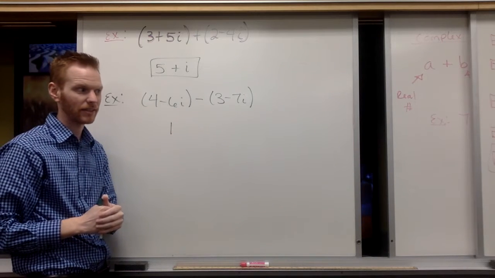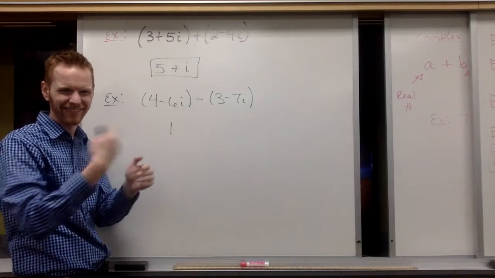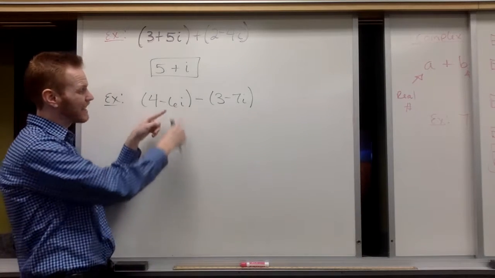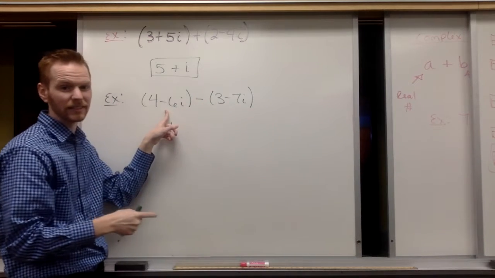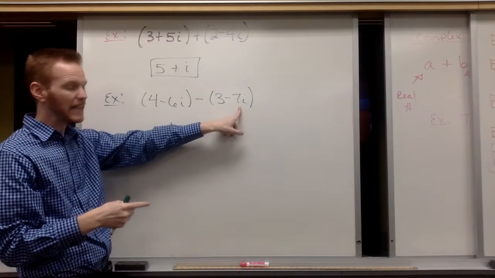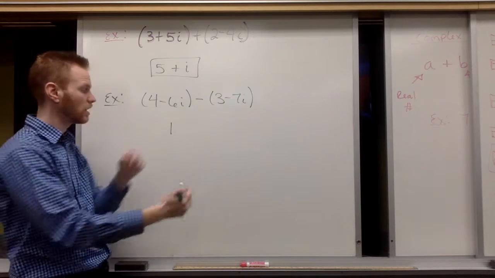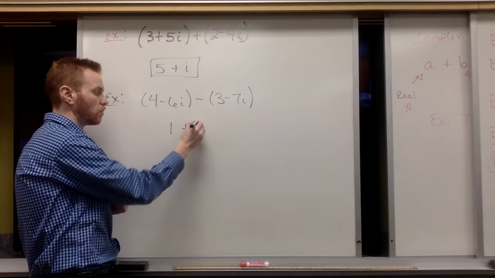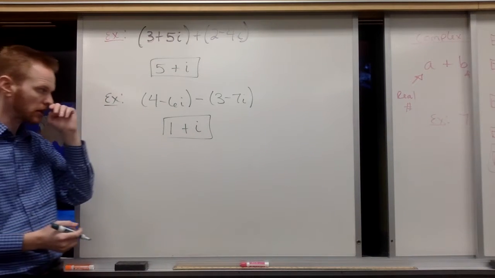Next, -6 minus a -7. Well, if we're subtracting a -7, isn't that like adding? So it's actually plus 7. So we just get a plus 1i or just i. Okay? And there's my subtraction component.